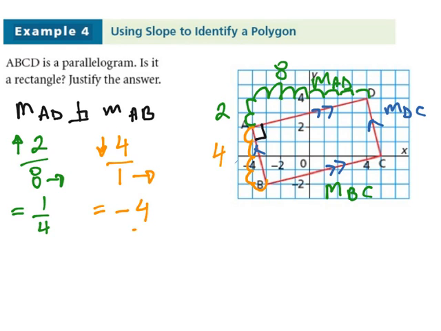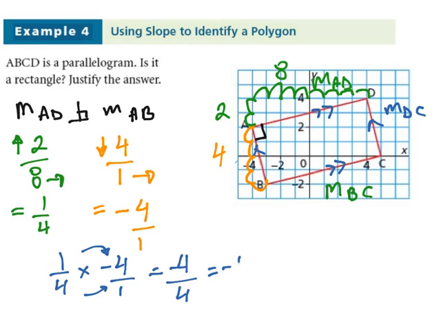So are these two lines perpendicular? Well, are they negative reciprocals? The answer is yes, they are. You could double check by multiplying them together, and if you multiply perpendicular slopes together, we should get negative 1 as the answer. And we do, because 1/4 times negative 4 over 1 is negative 4 over 4, which is negative 1. And they're also negative reciprocals.